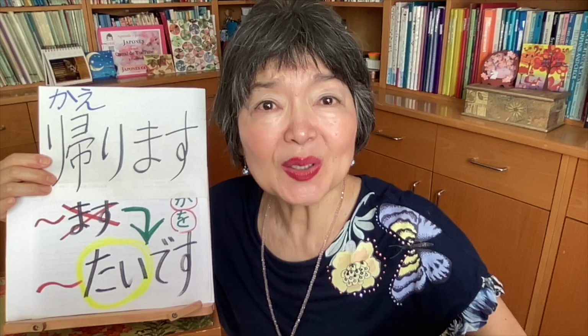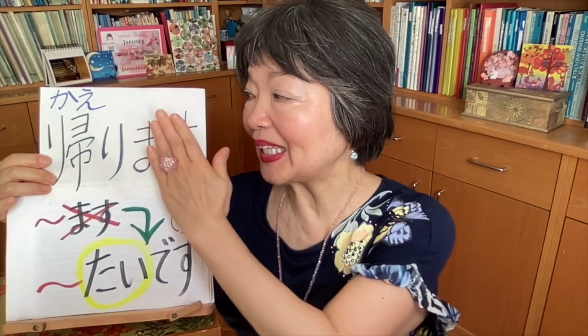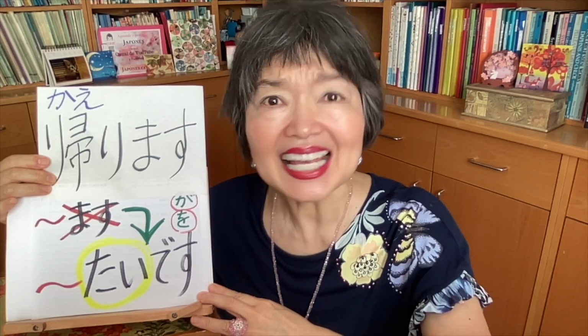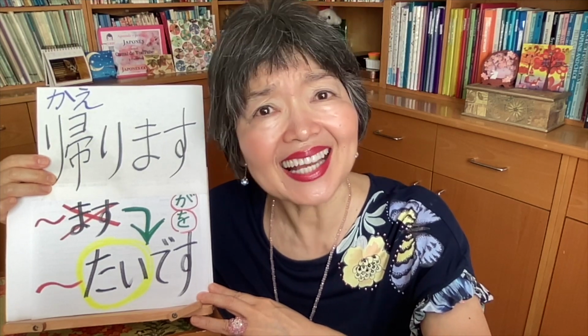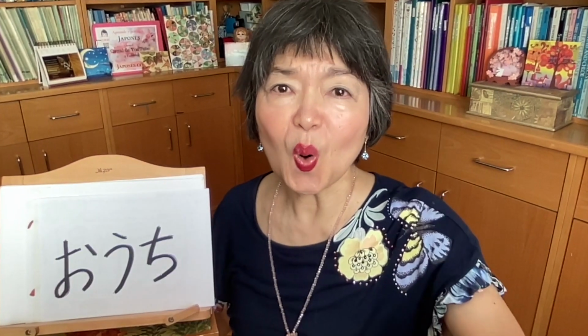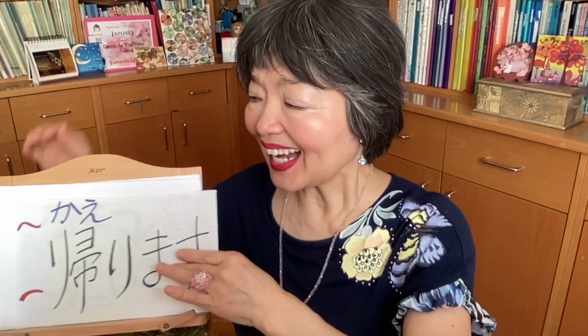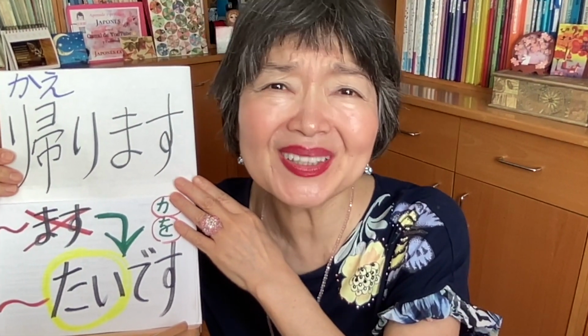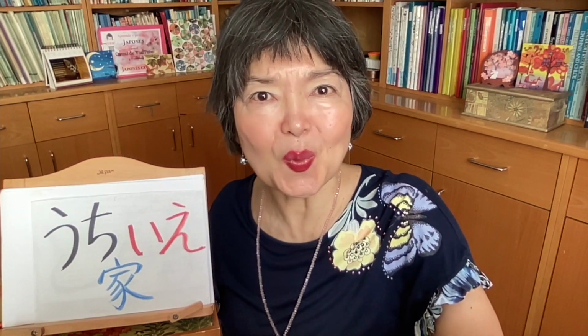And I wanna go home, without must, and we add たいです。帰りたいです。 I wanna go home. 早くお家に帰りたいです。早くお家に帰りたい。 I had very delicious wine in my friend's house.